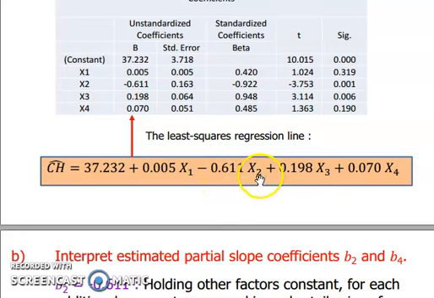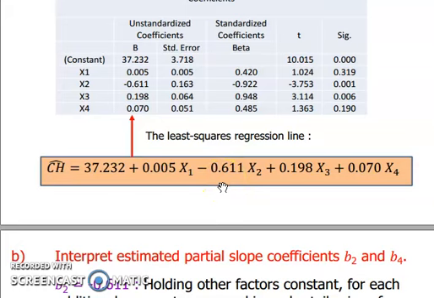It means that if there is a 1 unit increase in x2, on average, ch will decrease by 0.611 unit, ceteris paribus, or other factors, which is x1, x3, and x4, remain constant. So that is the general way of interpreting the partial slope coefficient.